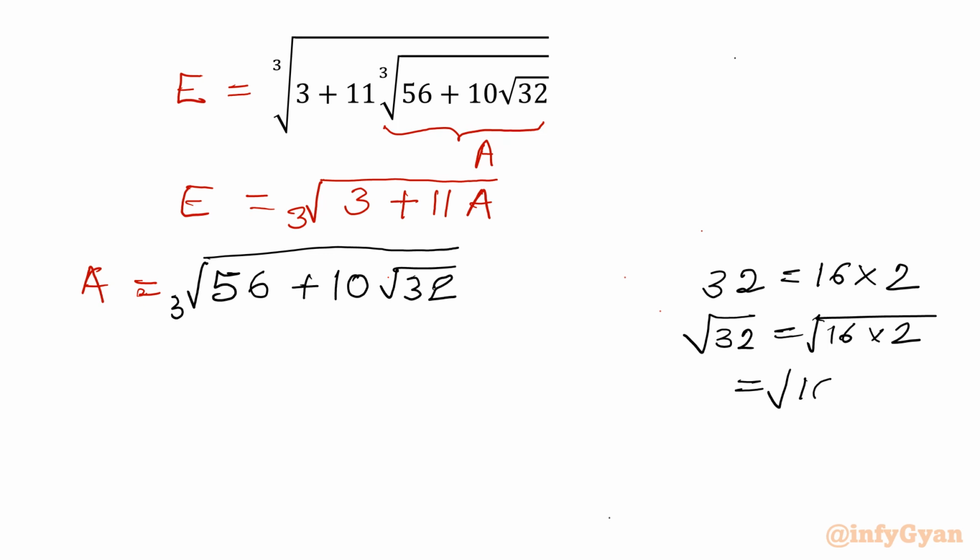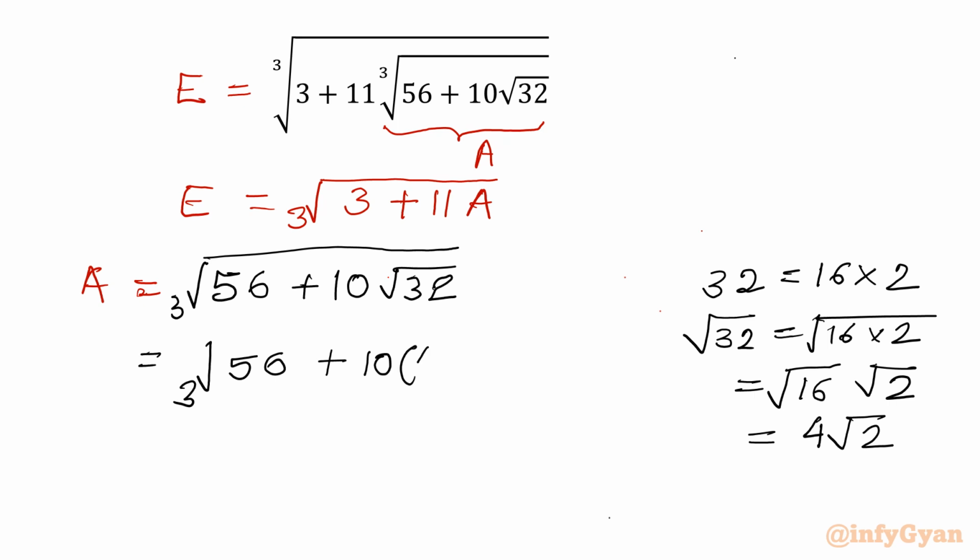Using the property, we can split the square root as square root 16 times square root 2. This is 4 root 2. So I will be writing here cube root 56 plus 10 times 4 root 2, which is further equal to 56 plus 40 root 2.